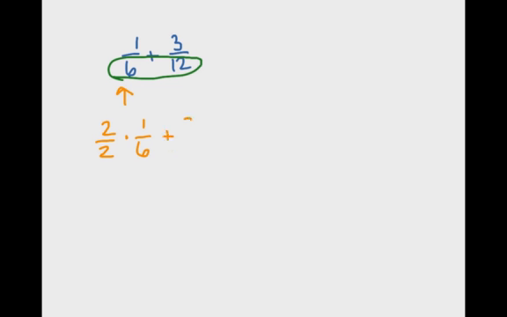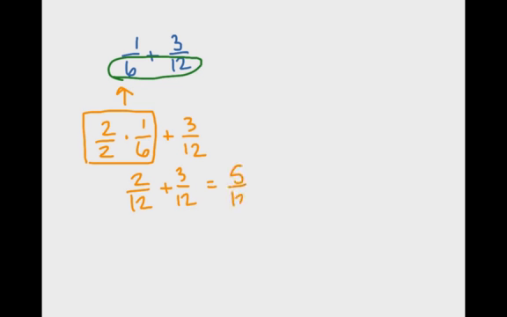We still have plus our 3/12, so then we would multiply these, and we get 2/12 plus 3/12, and that equals 5/12. Right? So if our denominators are not the same, we are going to multiply by something to make them both be the same, so we can add or subtract our numerators.